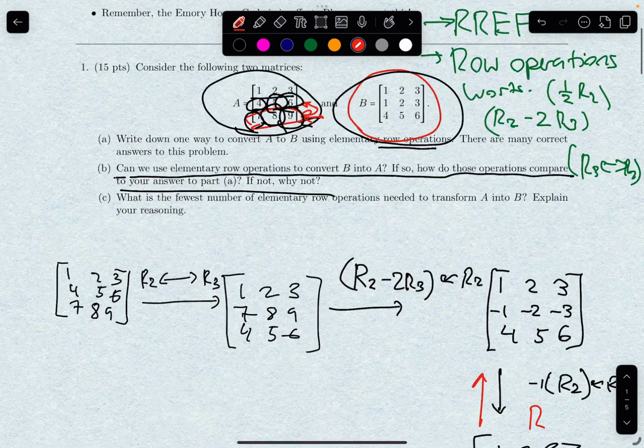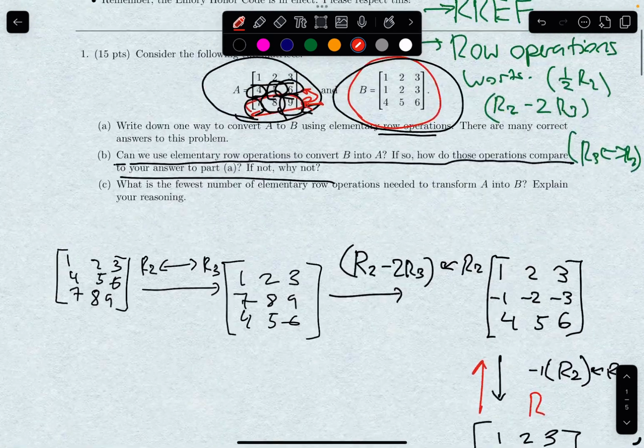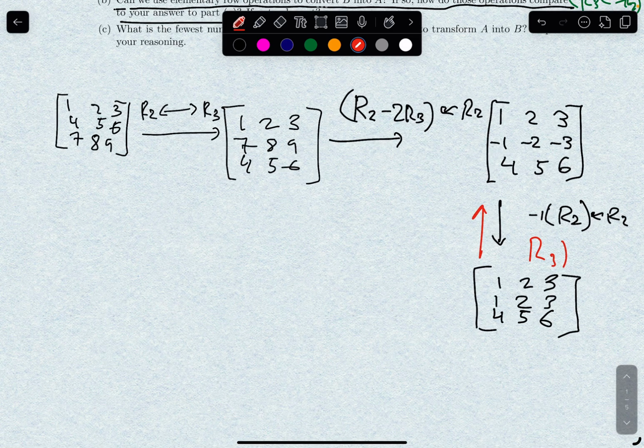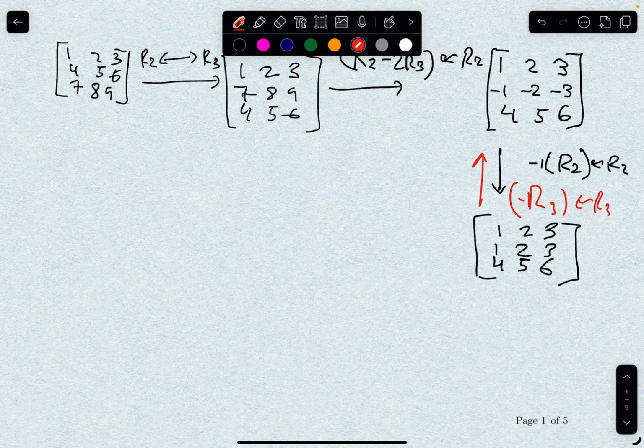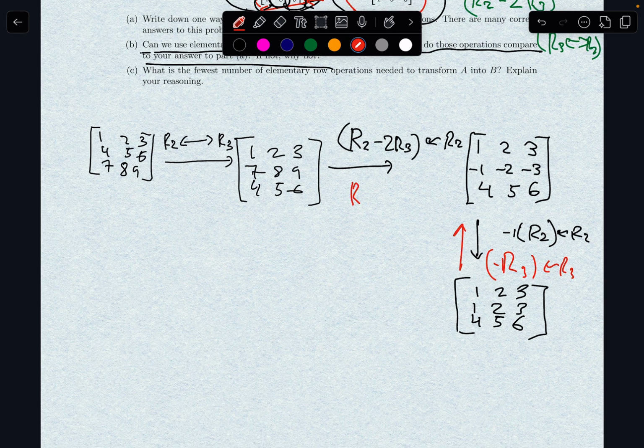And so why does this work? Well, if you multiply R3 by the negative, for instance, R3 times the negative, this turns everything into negative here, to convert B into A. And then what you want to do next is R3 is going to be R3 minus 2 times R2, right?